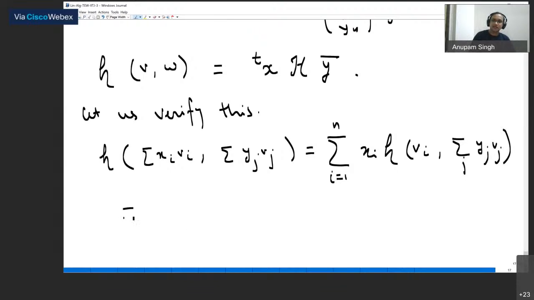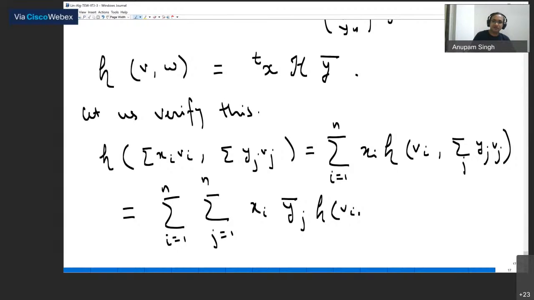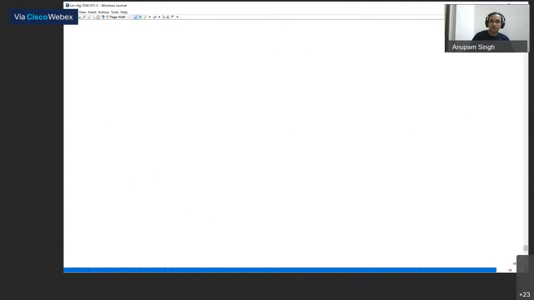But in the second coordinate, yj bar will come out. So now I have a double sum, i and j from 1 to n, of xi yj bar H of vi vj. You see that this is the matrix of H, and you can compute this to verify that you get this answer exactly. So this is how we get the matrix of a Hermitian form.